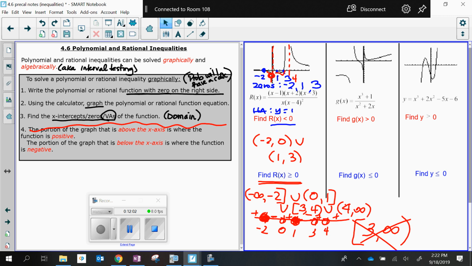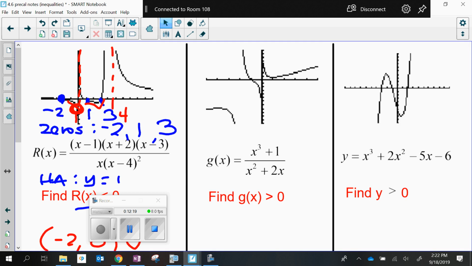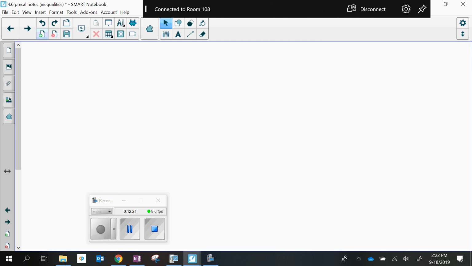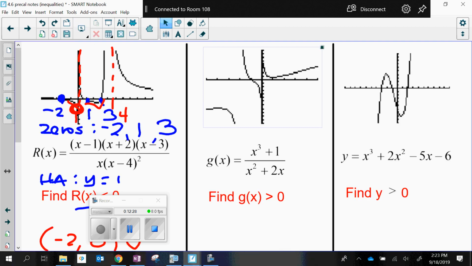Right? Okay. All right. So, there you have g of x. Now, I did not factor g of x for you. Okay? So, let's do it. I'm going to put this on a single page. All right. Okay, so we're doing this one. All right, how does that top factor?